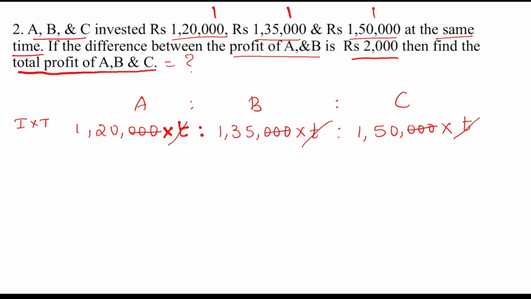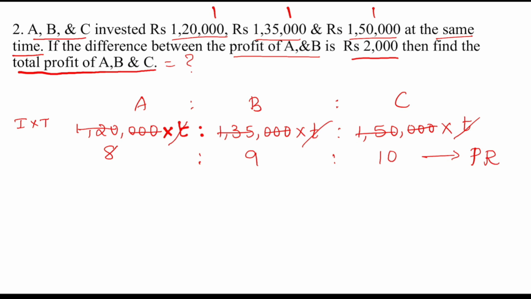Then it is 15 8s are, 15 9s are and 15 10s are. Okay. Anything else can be cancelled? No. So 8 is to 9 is to 10 is the profit ratio. Investment into time is nothing but profit ratio. Okay. So 8 is to 9 is to 10 is the profit ratio of A, B and C.